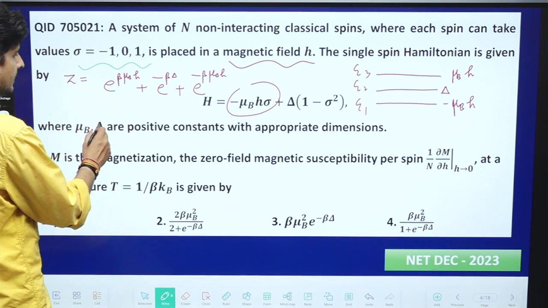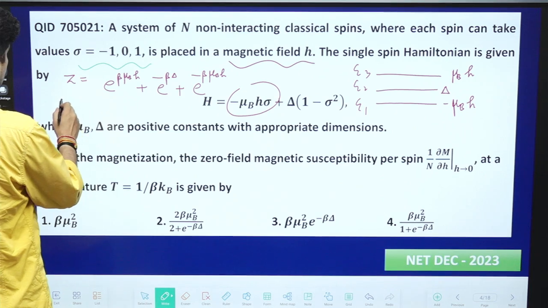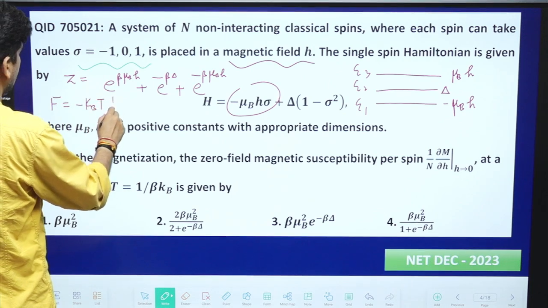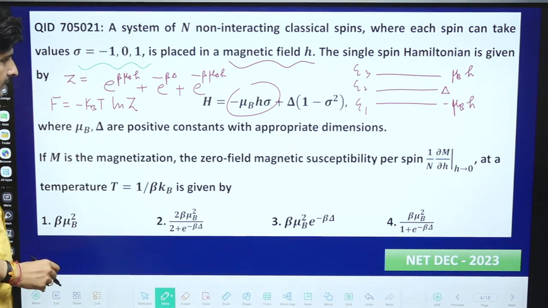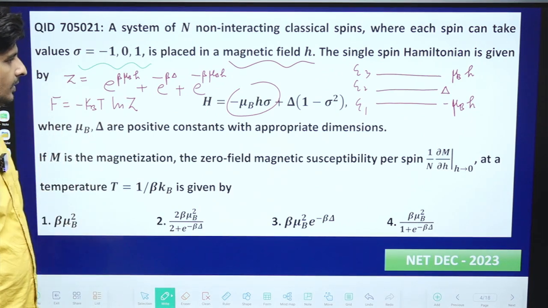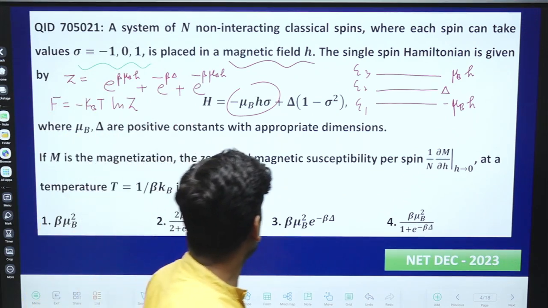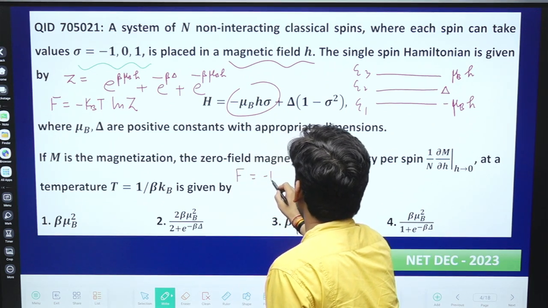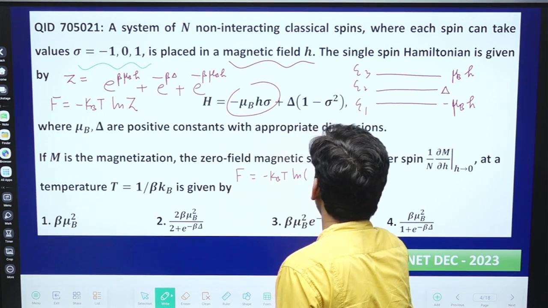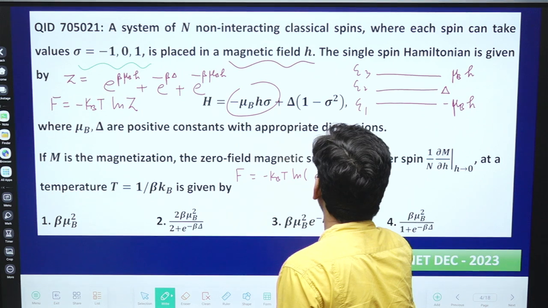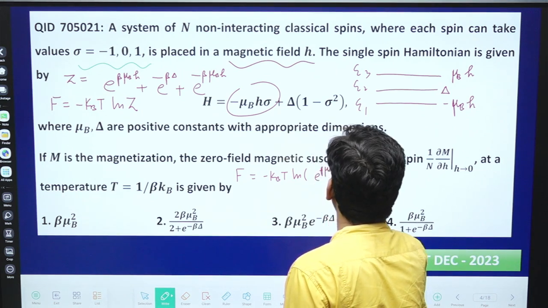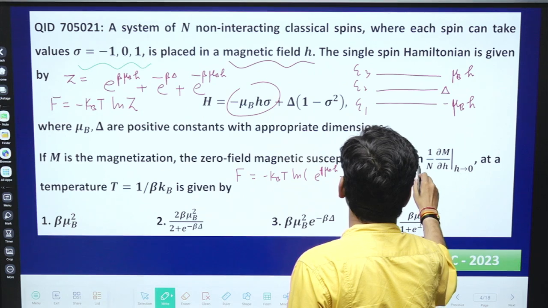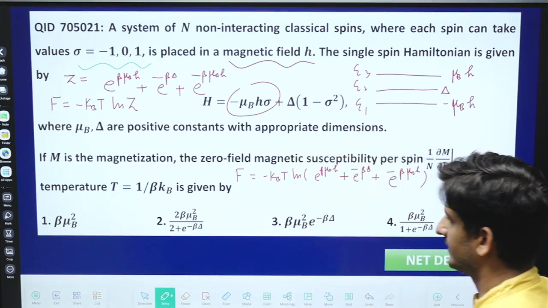Next step is to calculate the free energy: F equals minus k_B T ln Z, so F is minus k_B T ln of that sum. This is the free energy.